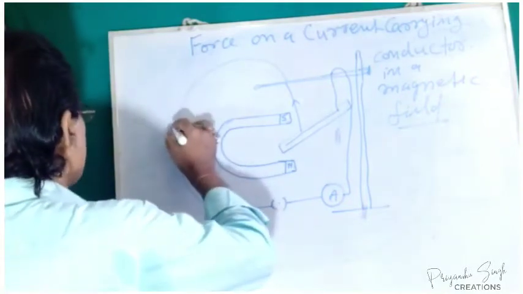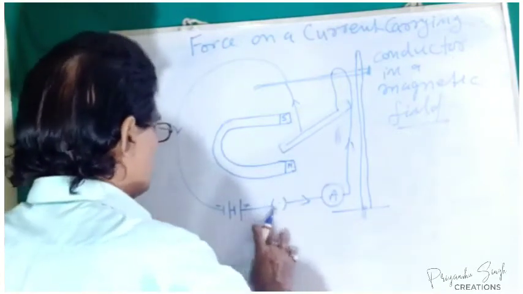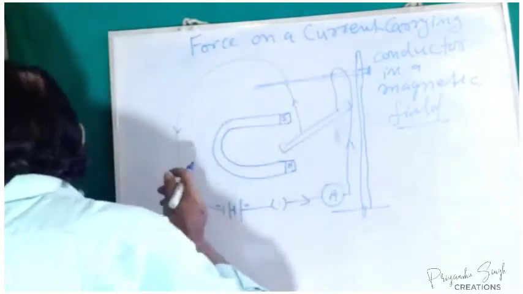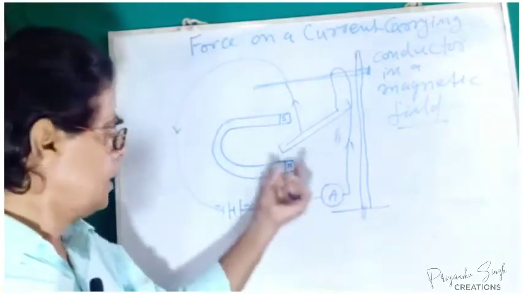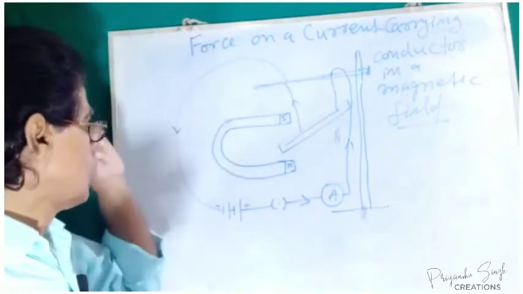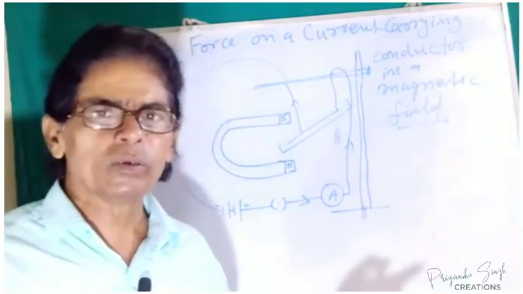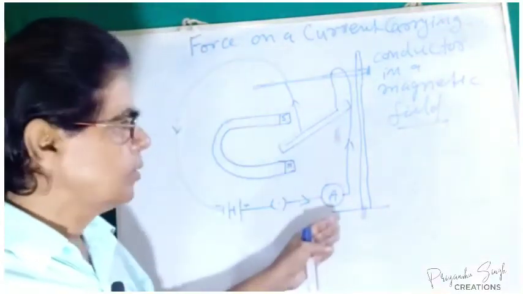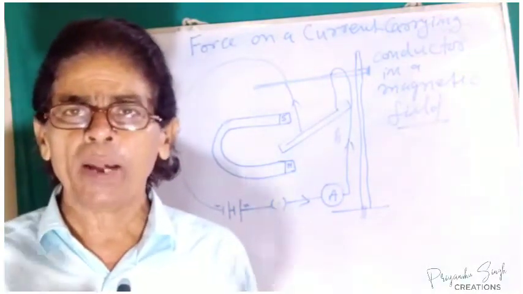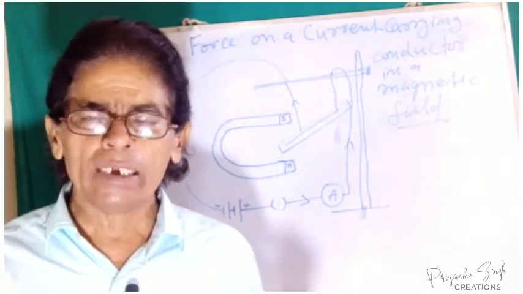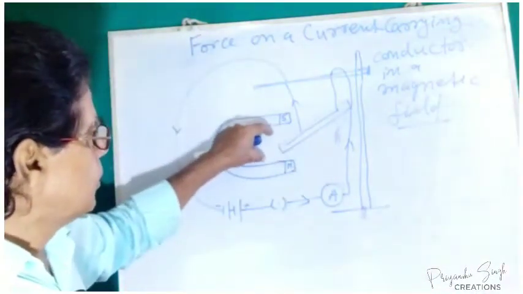Let the direction of electric current be from the positive terminal to the negative terminal. Now suppose electric current is passing through this rod. As soon as the setup is completed and the circuit is made, this setup is used to observe the effect of the magnetic field on the current carrying conductor.